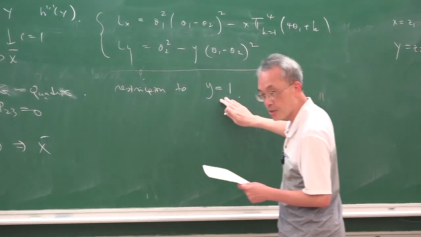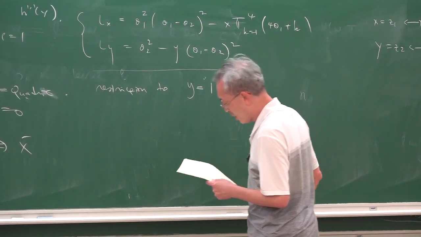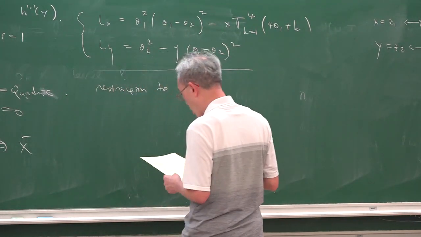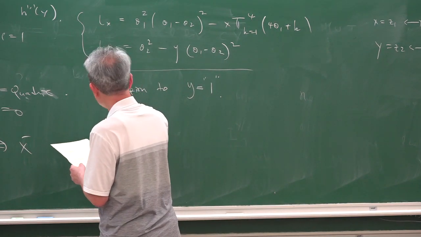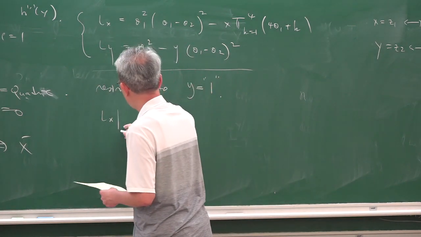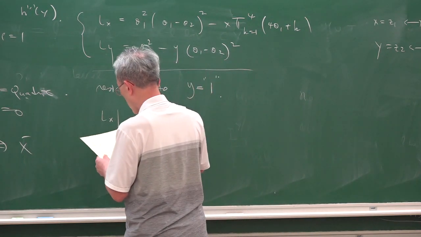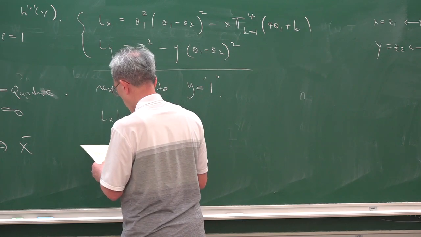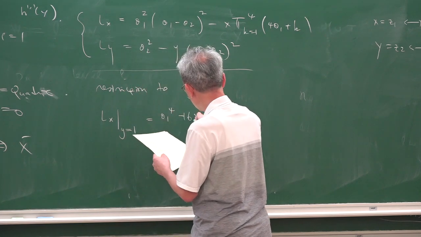So you want to restrict this. And this one is very crucial. But anyway, I don't have time to explain it. So it's 1. And if you do that, eventually what you get is this operator L_x, which is a very tricky operator. But you restrict to y equals 1. That will give something. Theta 1 to the 4th power minus this.